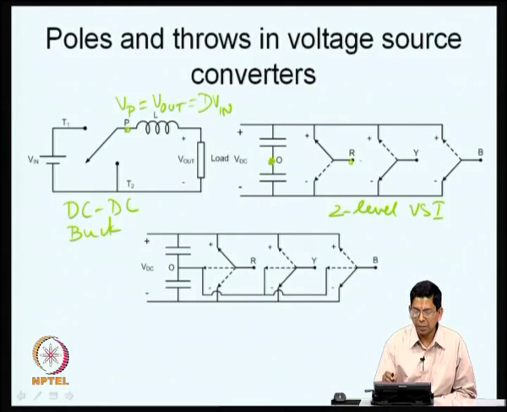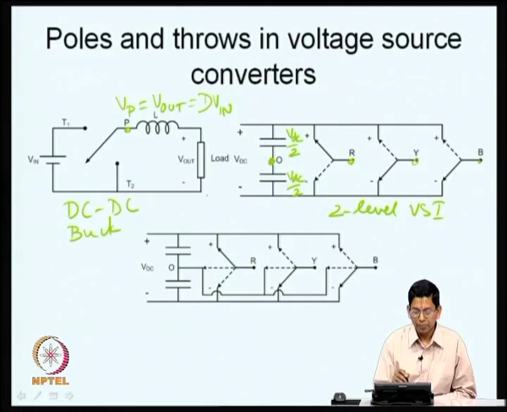At any instant it can be either plus 0.5 VDC, this potential is VDC by 2 and this is another VDC by 2. So, the potential at R at any instant can be either plus VDC by 2 or minus VDC by 2. And what you will do is an averaging: you will connect it to the top throw for some time and the bottom throw for some time. So, the average potential at R will be somewhere between plus VDC by 2 and minus VDC by 2. The same story holds for Y and for B.